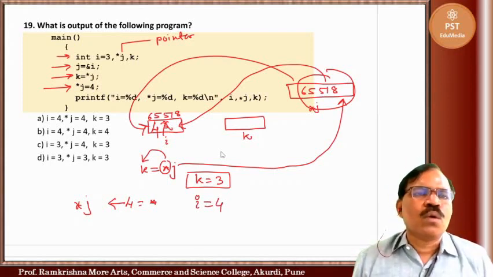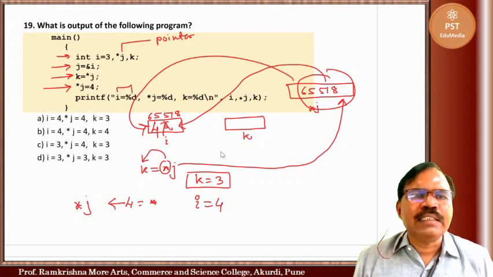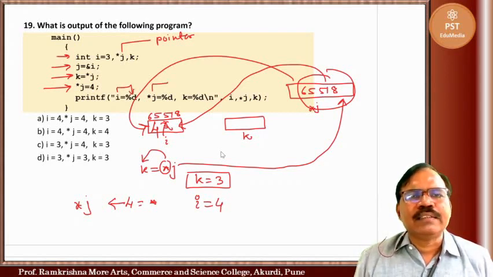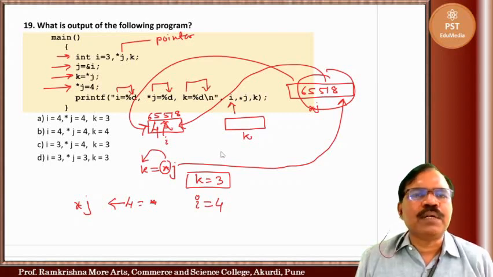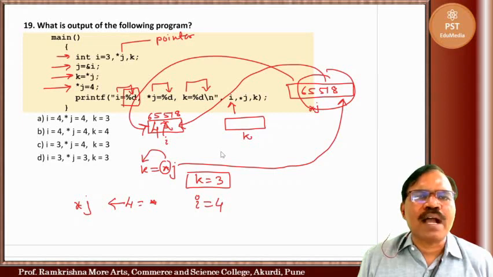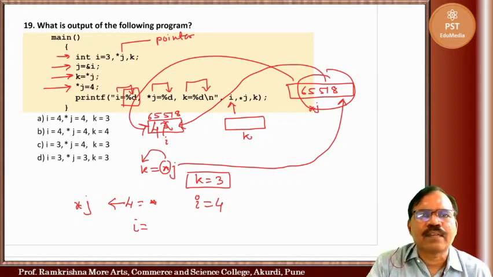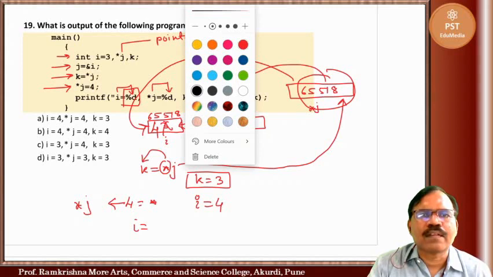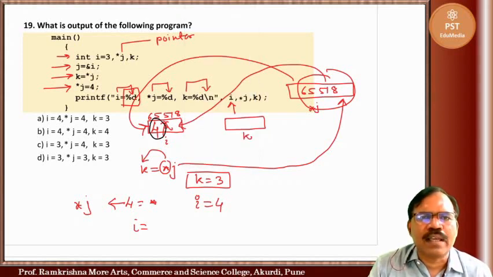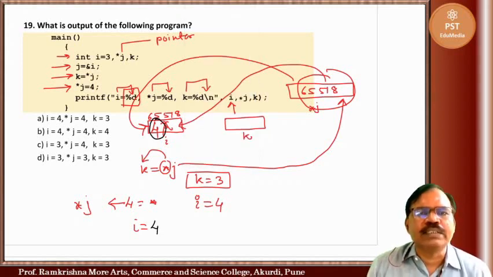So printf i is equal to %d, *j is equal to %d, and k is equal to %d. In the first place, what is printed? The value of i. To print the value of i, it will go to the memory location of i. What is the value? 4 is there.